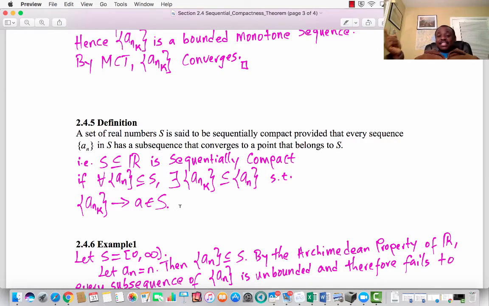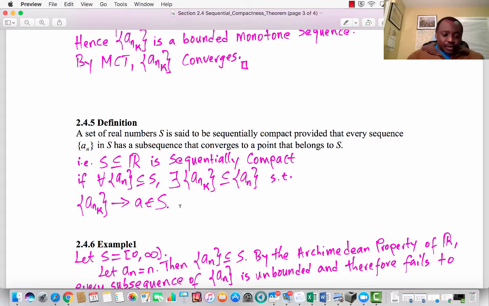We are simply saying that it must have a subsequence that is convergent, and the subsequence would have to converge to a point in S.